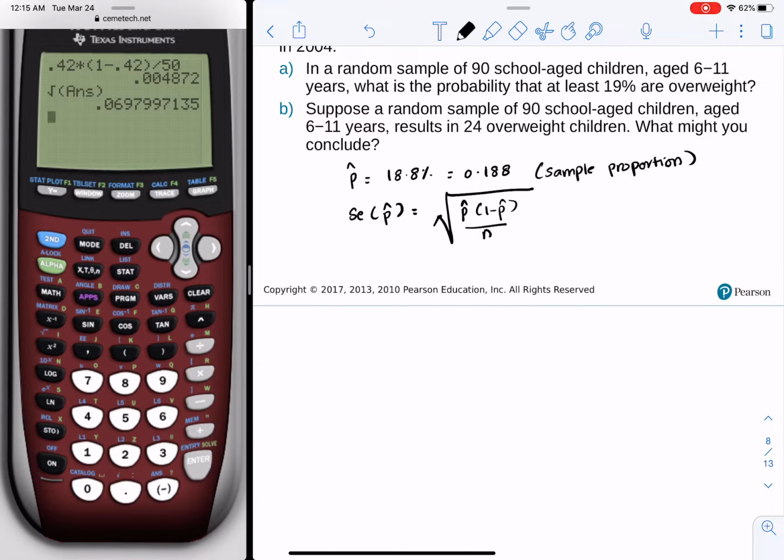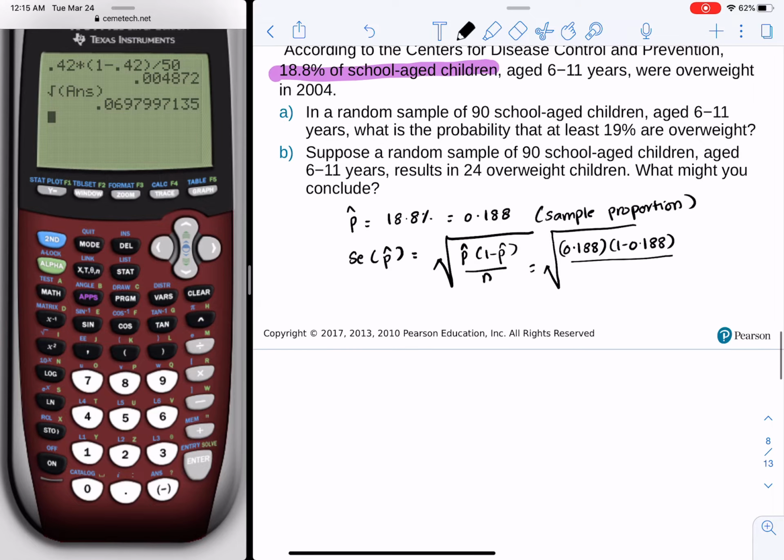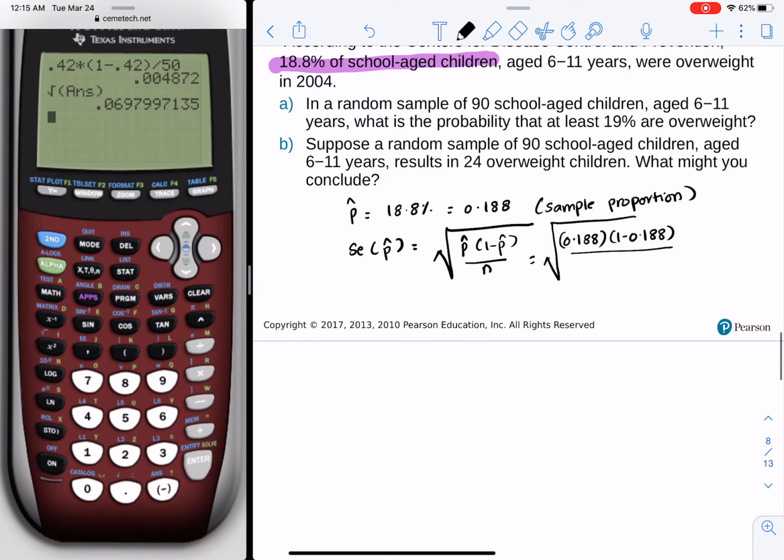So you can put p hat or p in this case as long as you put in the right values. So square root of 0.188 times 1 minus 0.188 divided by n, which is 90.